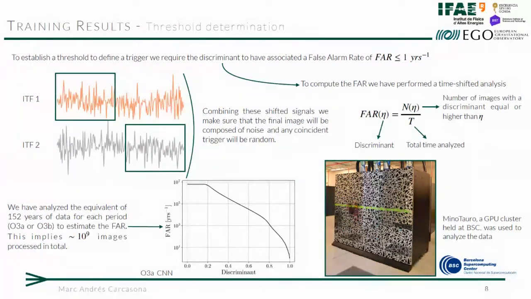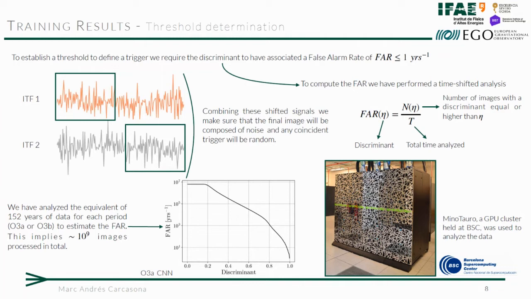In our case, this was just to see how well our neural net performed. And to compute this false alarm rate, what we did was basically time shift the data, as you can see here on the left. Basically, you take different interferometers, you shift the data a bit, and then you create these images in which if there is something, whatever it is, so any coincidence, it's caused by the randomness of noise, and therefore we are able to create a very large data set.